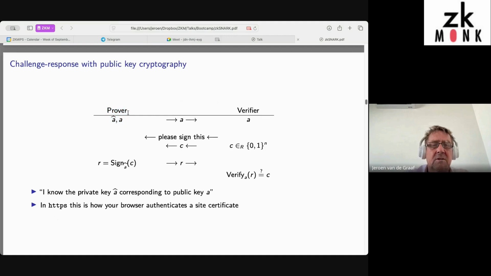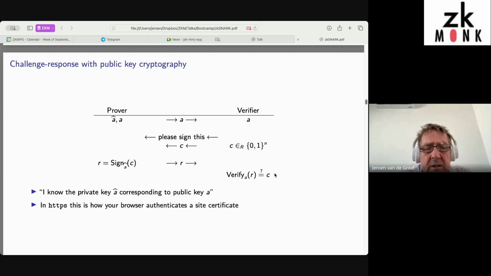So the website has some certificate for www.google.com, and it has the private key of that. And so the browser will send a challenge to the website, and then the website will sign it, and this will be sent again to the browser.